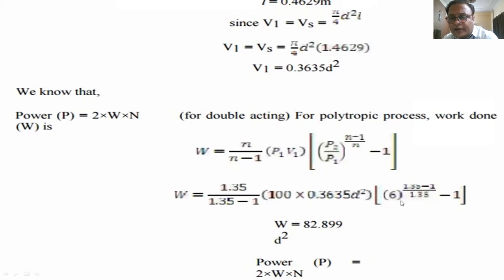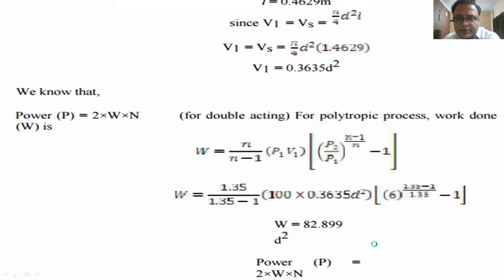And in the bracket, 6 by 1, because P2 is given 6 and P1 is given 1, and n is 1.35, minus 1 upon 1.35, minus 1. So from here the power that you have is equal to 2W_n. So 2W_n, this is the power formula.